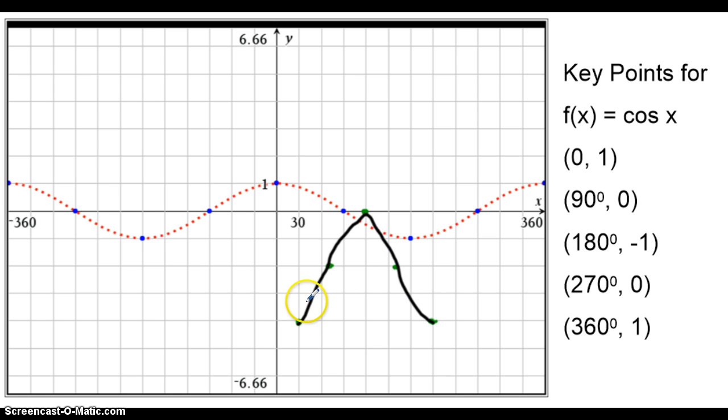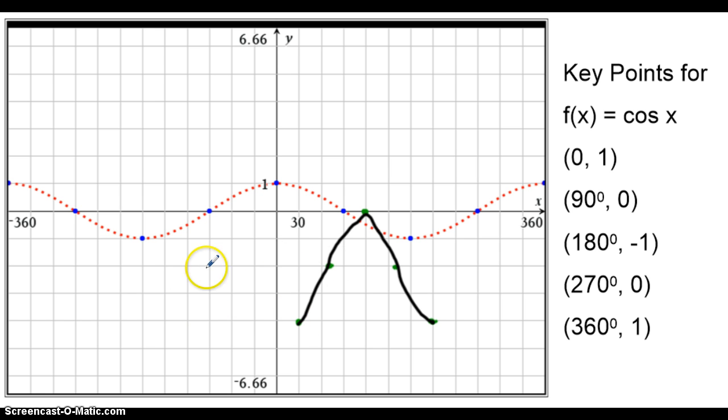Now to create the remainder of the graph from negative 360 to positive 360, I want to repeat this pattern of points. So again, the end of this graph must occur 180 degrees later. So right now I'm at 150. I want to go 180 degrees later and continue this pattern.